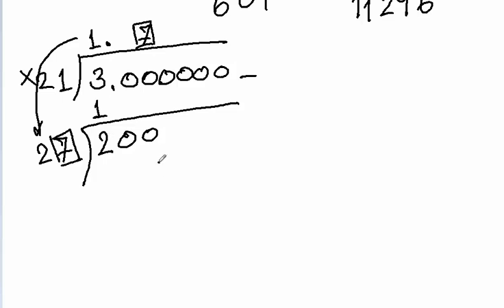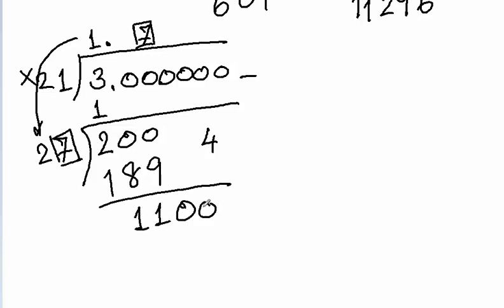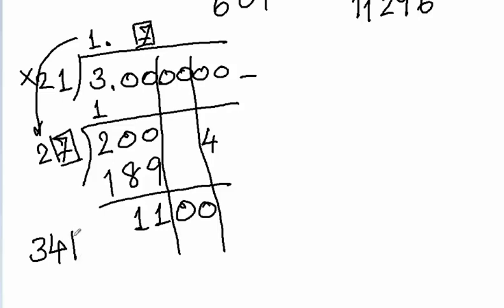Okay, 7 times 4 here, 2 times 7 is 14, 18. Okay, 18. It will become 1, and bring 00 here. You can see bring 00 here, and then times this to 34, and what number?